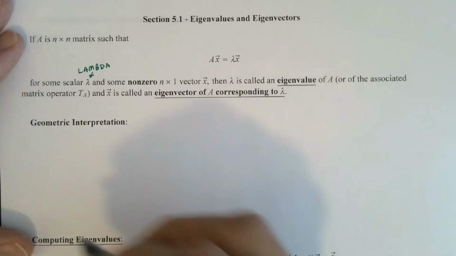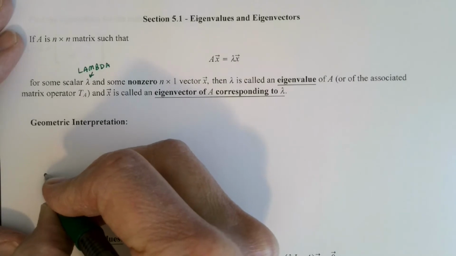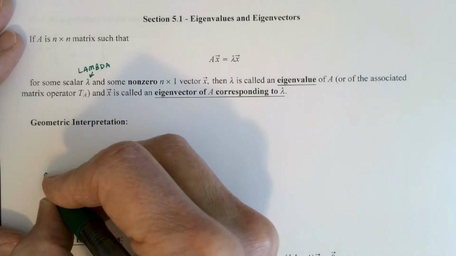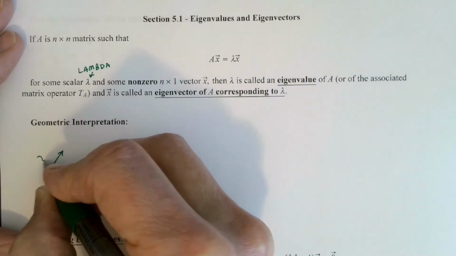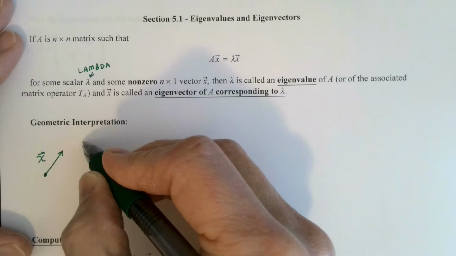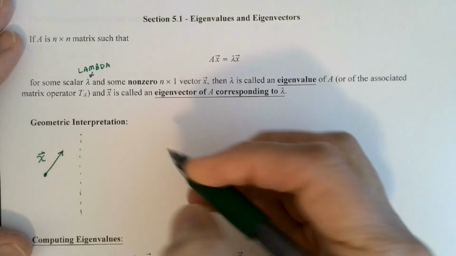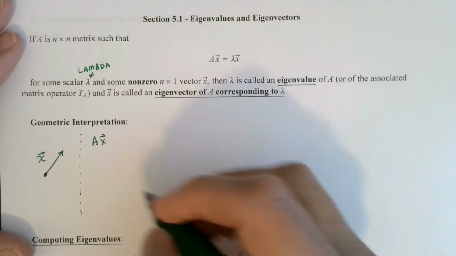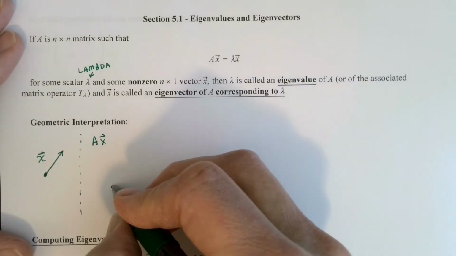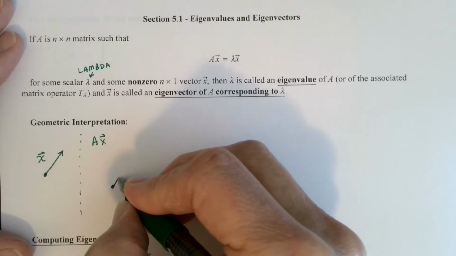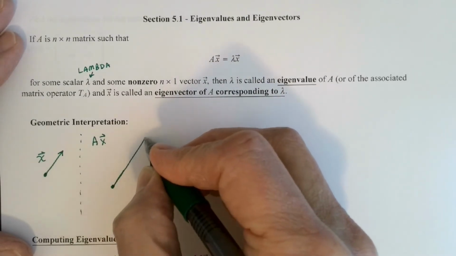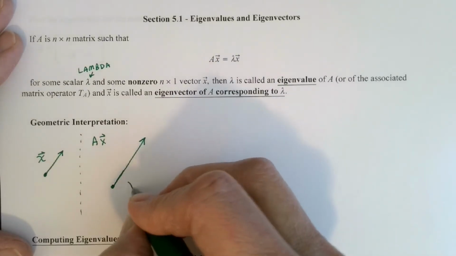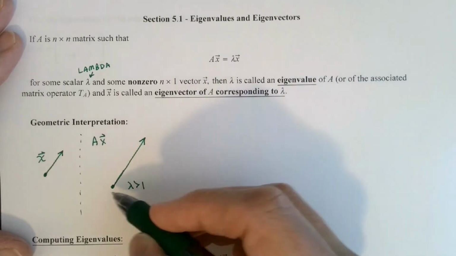So when we talk about the geometric interpretation again, when we multiply by A, the net effect is a scalar multiple of the vector. If the vector is x here, what are the geometric interpretations of scalar multiplication? What will Ax essentially be? Well, if lambda is greater than 1, what's going to happen? That's simply a stretch, not necessarily vertical here, for lambda greater than 1.